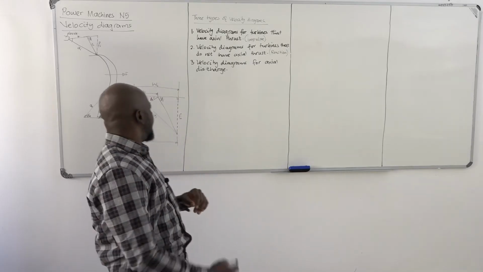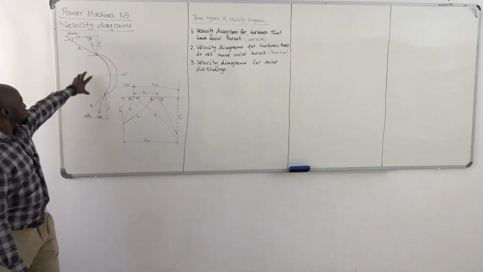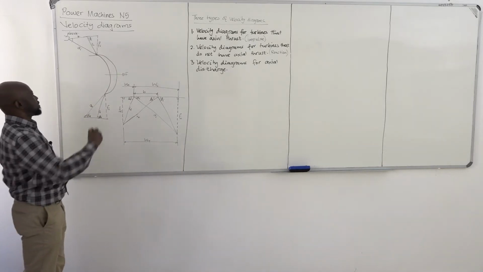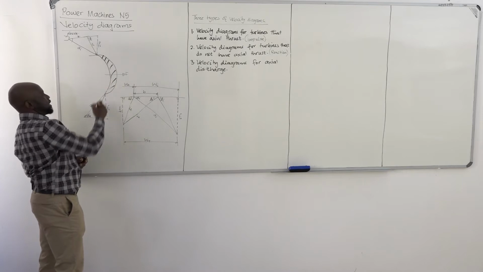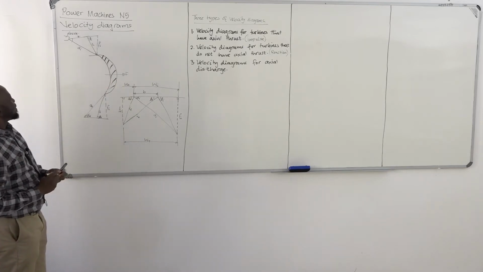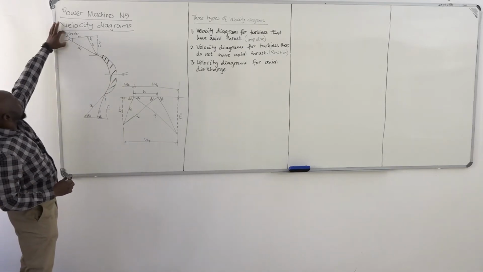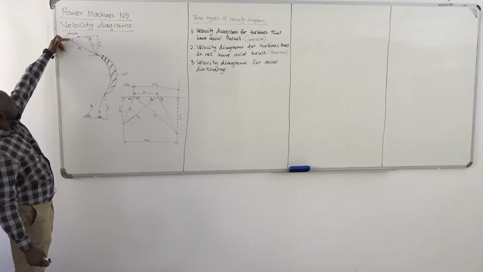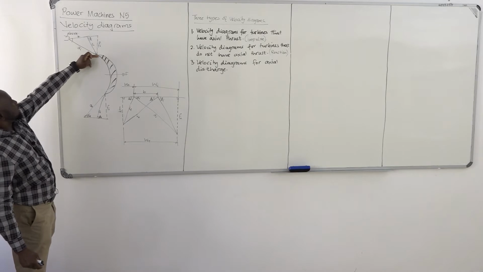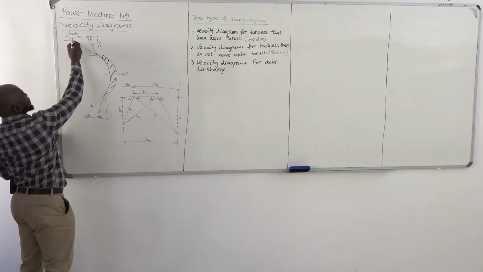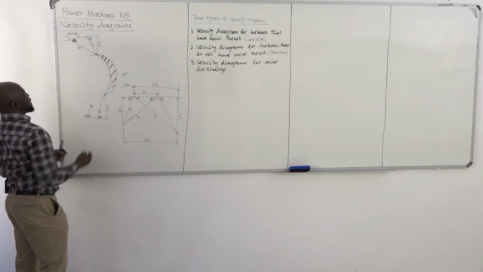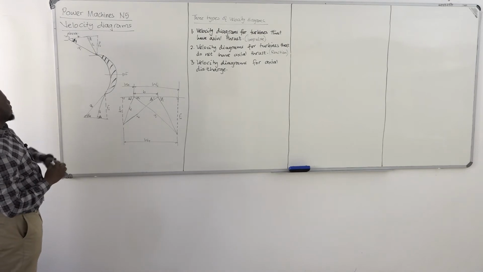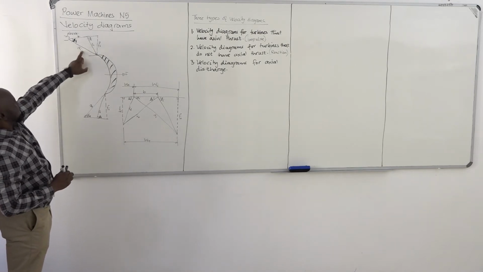On the board here, I have the cross section of the blade of a turbine. At the top there, I have the position of the nozzle. As the steam leaves the nozzle, it enters into the blade at an angle of delta I, and the speed is AI.